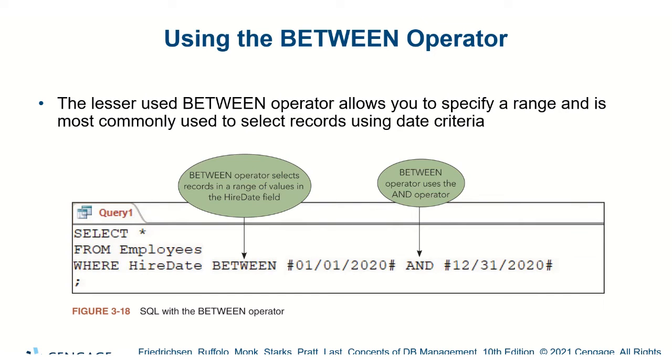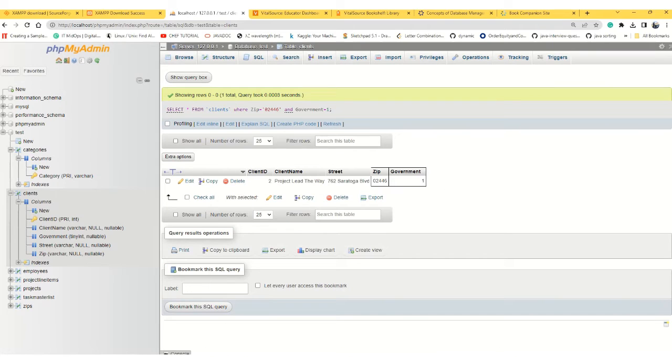To run these simple queries in MySQL, in the where hired date between, you have to put a quotation, either double quote or single quote, 01/01/2020 and this one. So if we do that, let's go to the XAMPP.